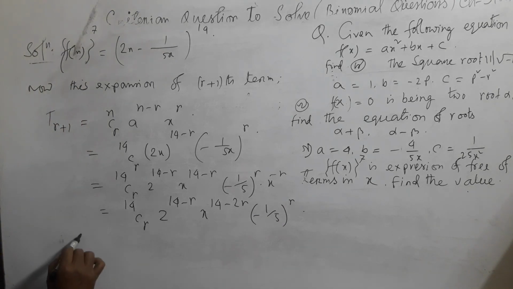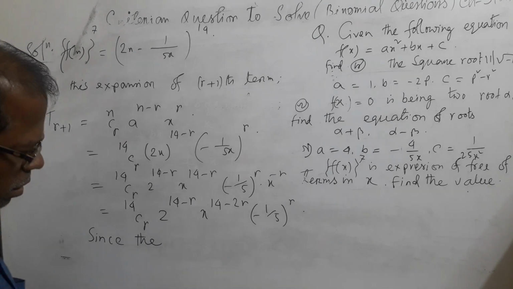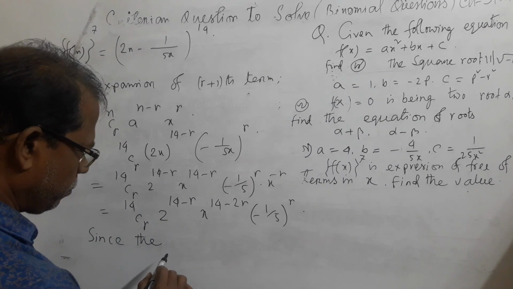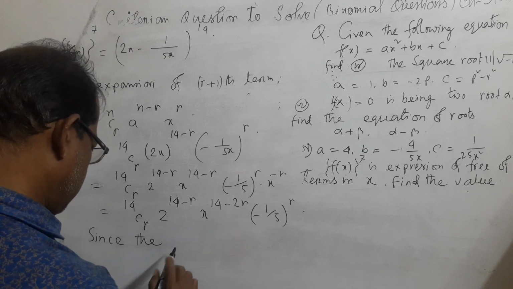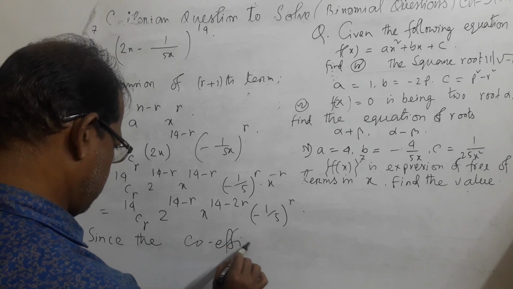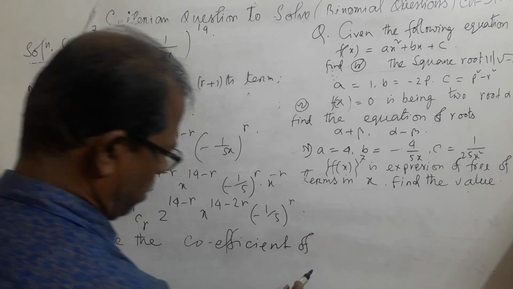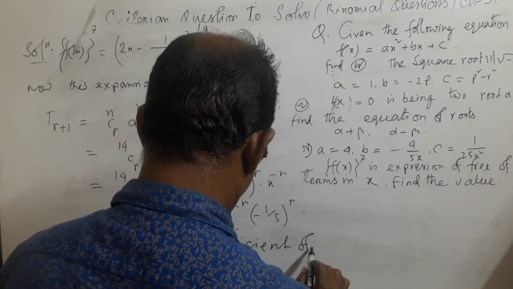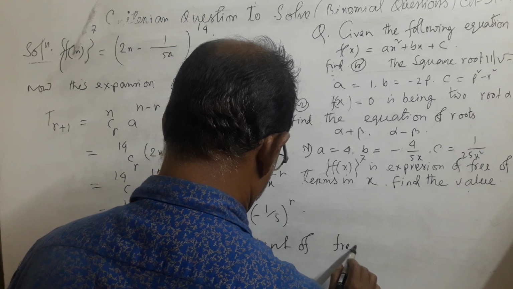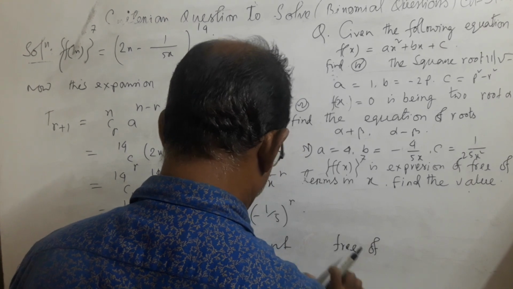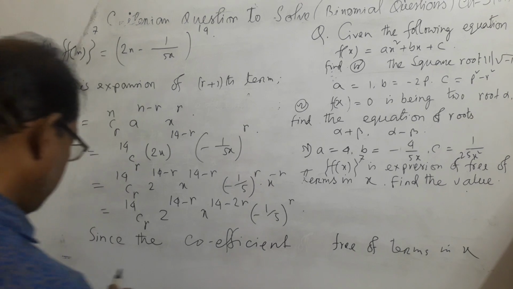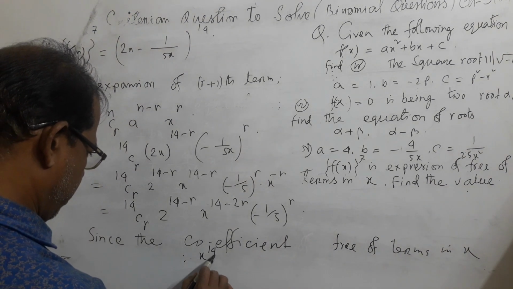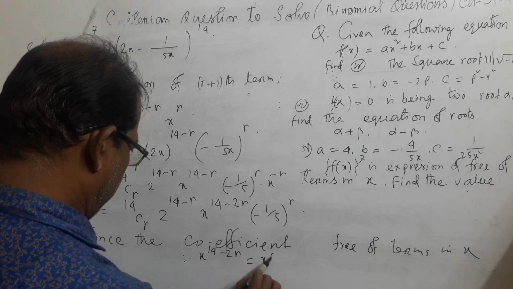Now since the coefficient of free of terms in x, that's why x to the power 14 minus 2r is equal to x to the power 0.